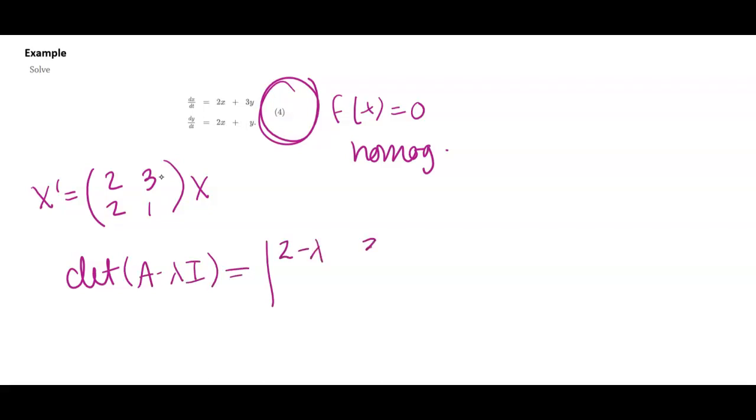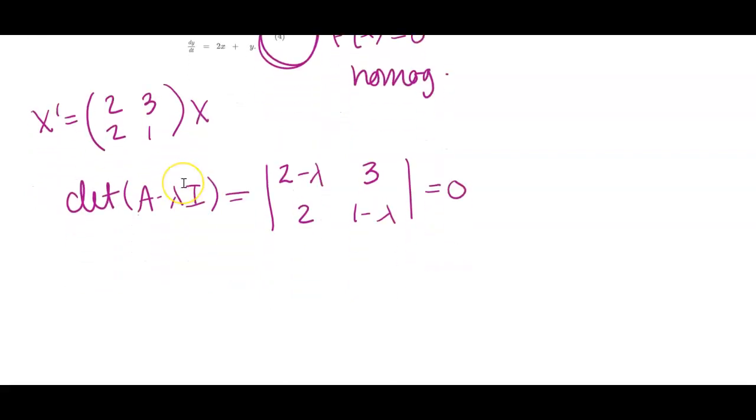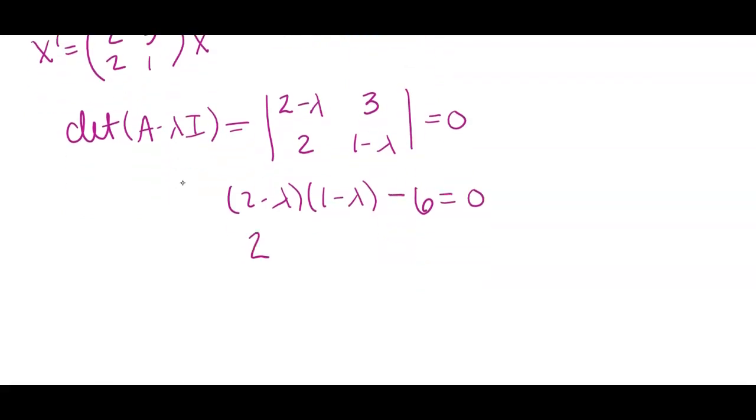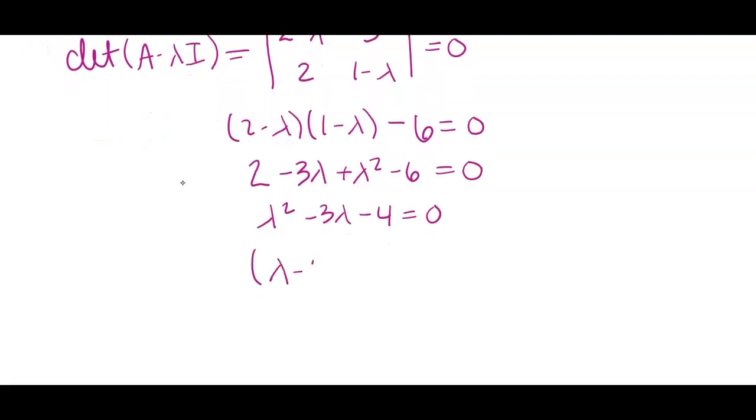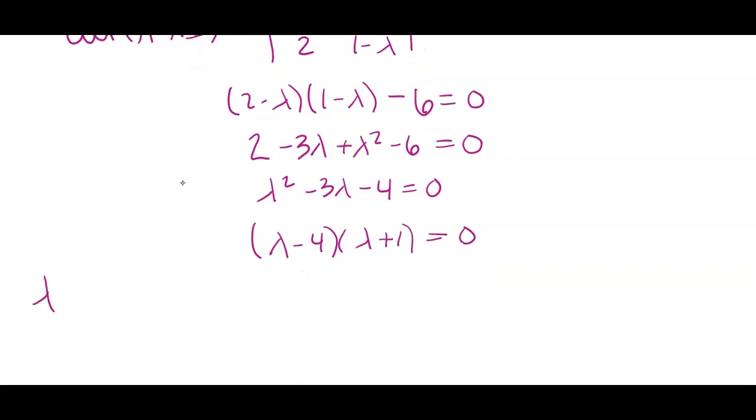So 2 minus lambda, 3 and 2, 1 minus lambda equals 0. That gives 2 minus 3 lambda plus lambda squared, minus 6, so lambda squared minus 3 lambda minus 4. That factors into lambda minus 4 and lambda plus 1, which means my first eigenvalue must be 4 and my second one must be negative 1.